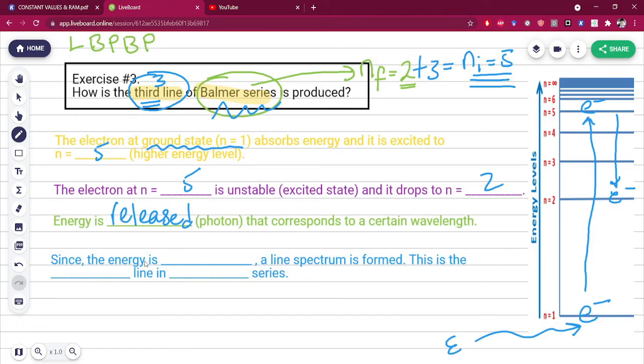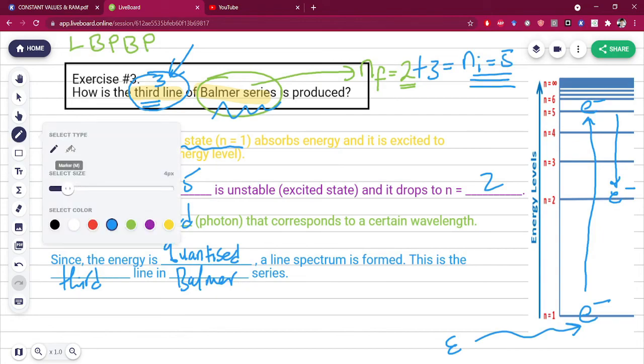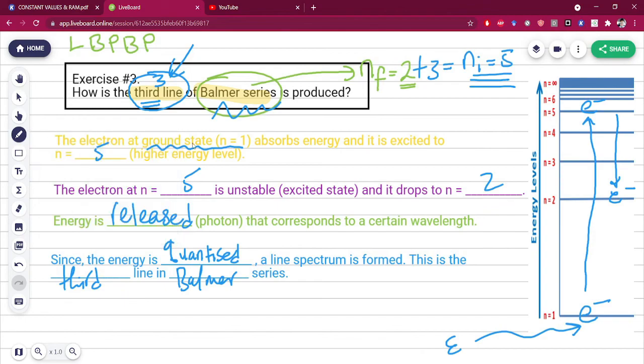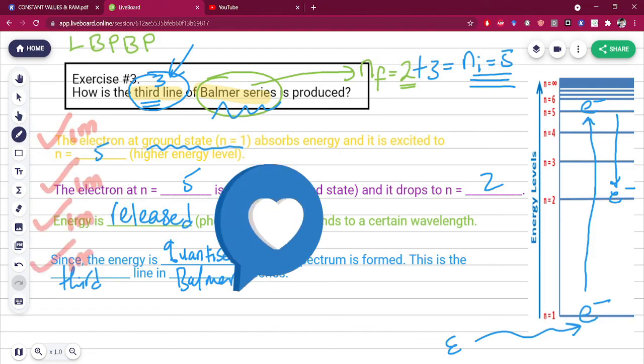Since the energy is, remember, quantized, a line spectrum is formed. This is the third line in Balmer series. Again, you'll get 1 mark over here, 2, 3, and 4 marks.